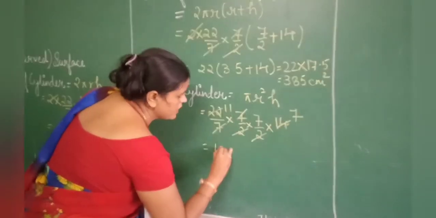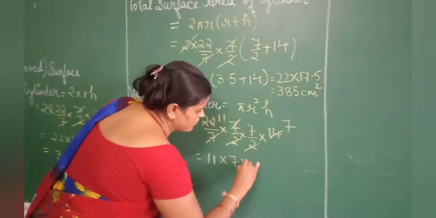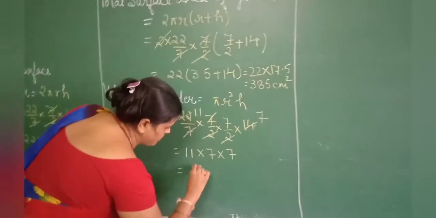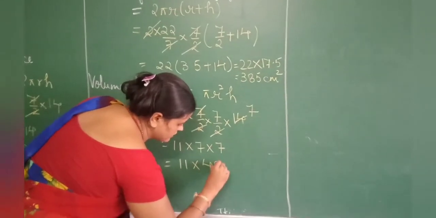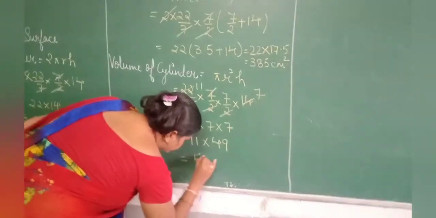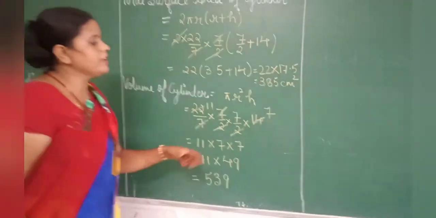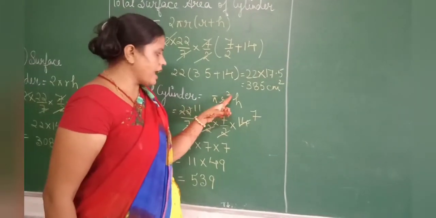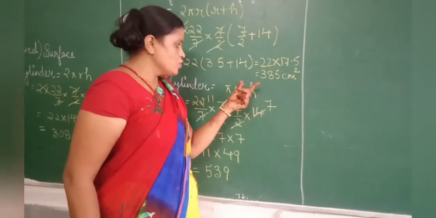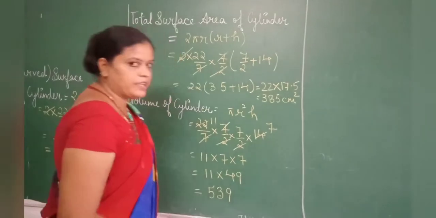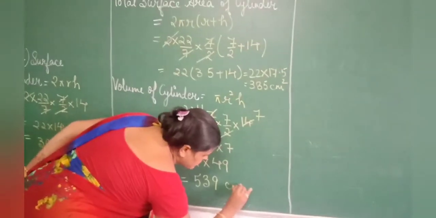Here we have 11 into 7 into 7, which is 11 into 49, equal to 539. This is the volume. The radius is squared and the height has power 1, so 2 plus 1 is 3. It means the unit will be centimeter cube.